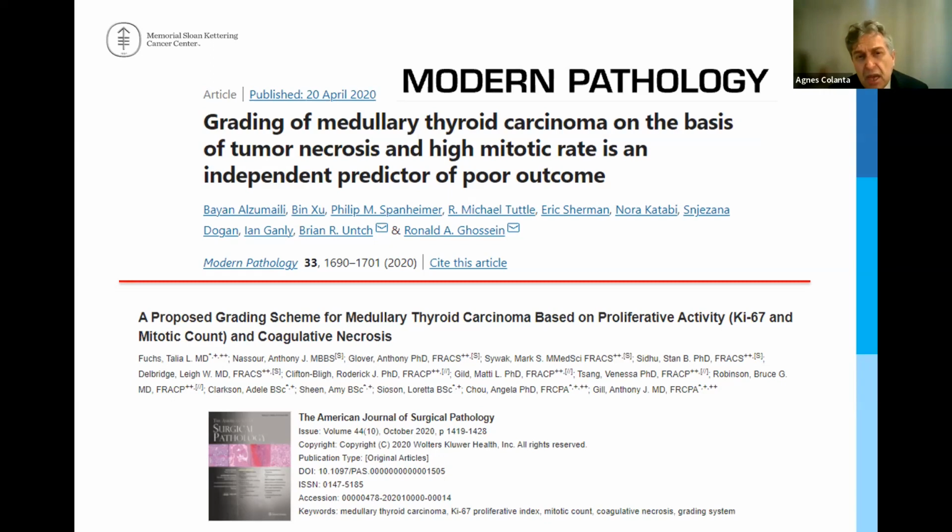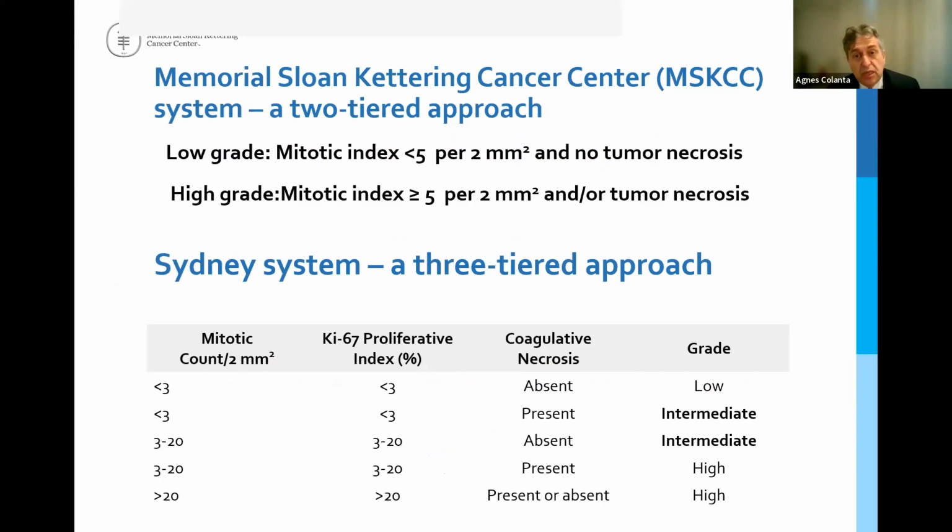Our grading system, published a little bit earlier than theirs, was based on tumor necrosis and high mitotic rate and was an independent predictor of poor outcome. A few months later, they published their own system. The main difference between these two systems is that ours is a two-tiered approach, very simple.